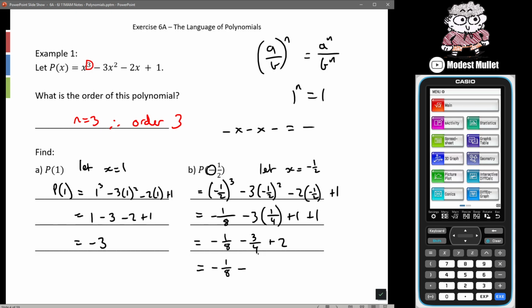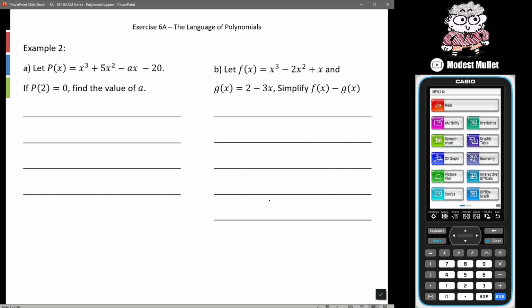I want to convert to an 8, so times by 2, so I multiply 3 by 2 as well, so I get negative 6/8 plus 2, making on 8 times 2 gives me 16. So I get 16/8, take away the 6 is 10, take away another 1 is 9, so I get 9/8. And there we go.